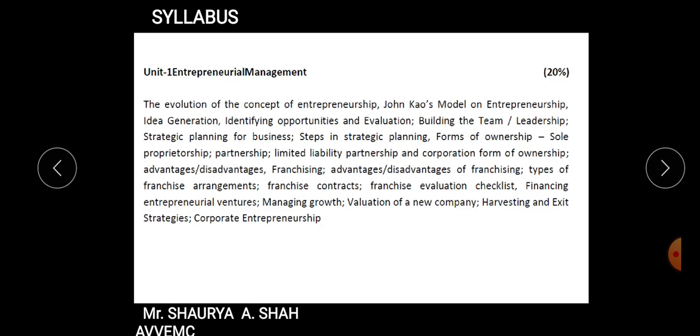Sole proprietorship, partnership, limited liabilities, and so on and so forth. Franchising also we saw. Then we saw the various growth policies. We saw again the checklist for franchising, financing entrepreneurial ventures, valuation of new company, harvesting and exit strategy, and the last is corporate entrepreneurship, right? So students, in all, this is the 10th lecture for entrepreneurship development. We have completed the entire unit.